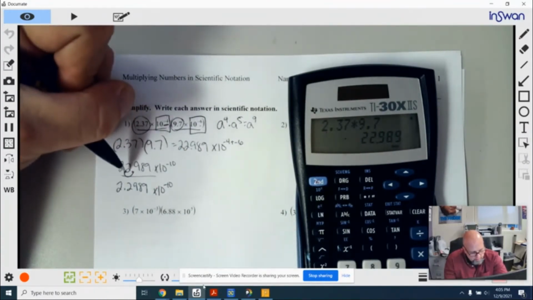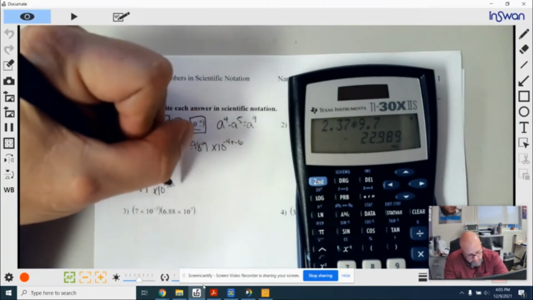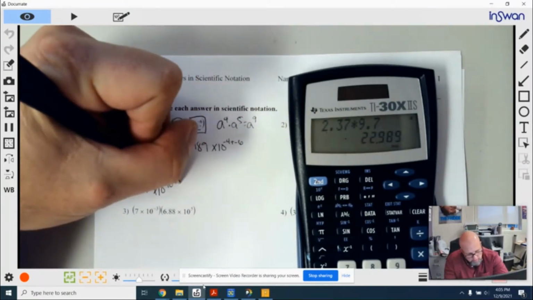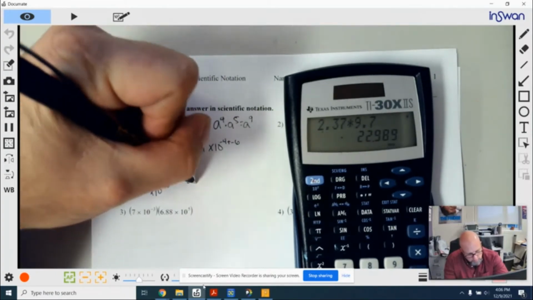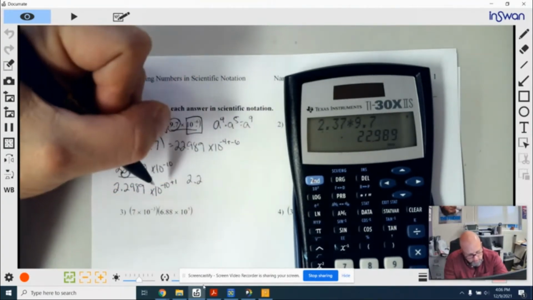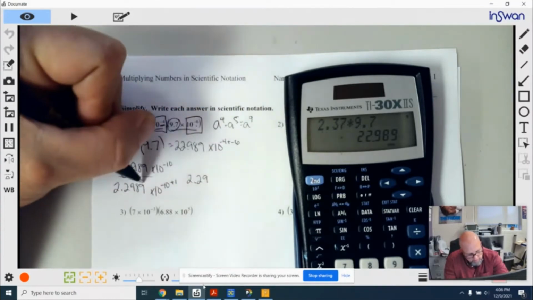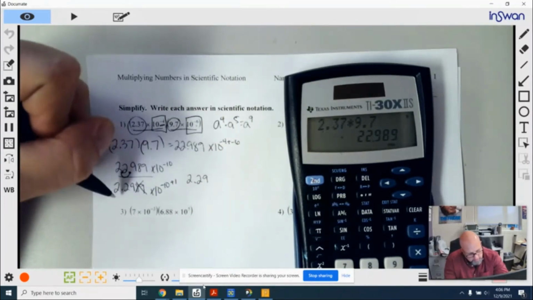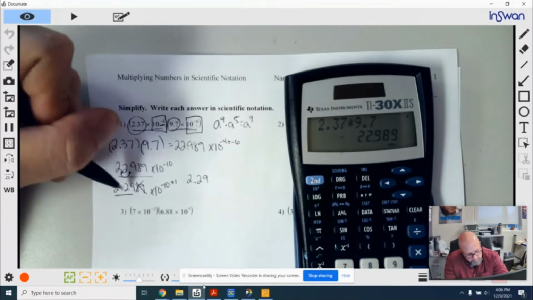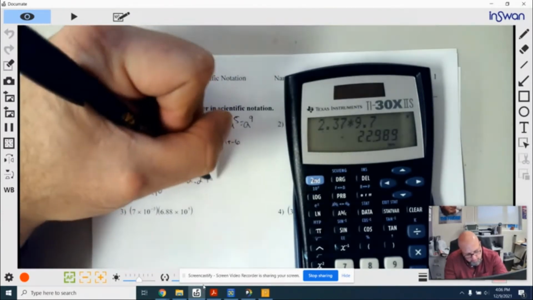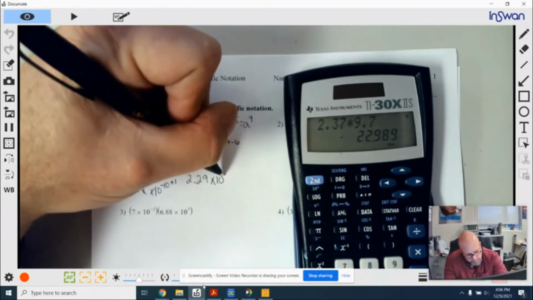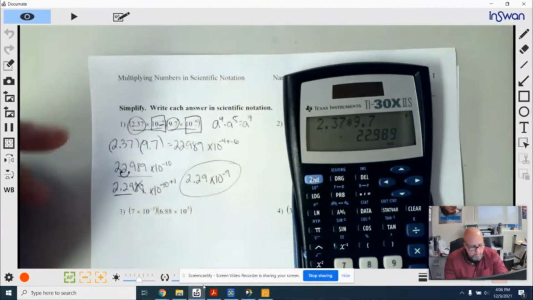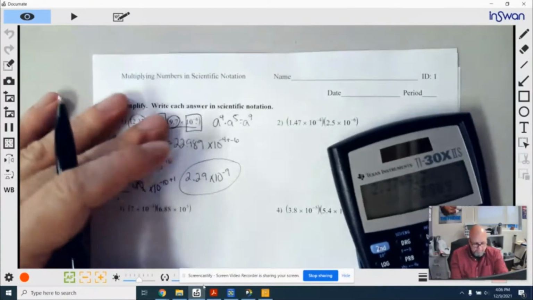Now, because I moved it back 1, that move right there means you're going to add 1 onto that exponent. So 2.2, and it's okay if we cut off these last two digits because scientific notation pretty much only uses up to the 100th. So we can say 2.29 times 10, -10 plus 1 is -9. So that's my answer for that one.